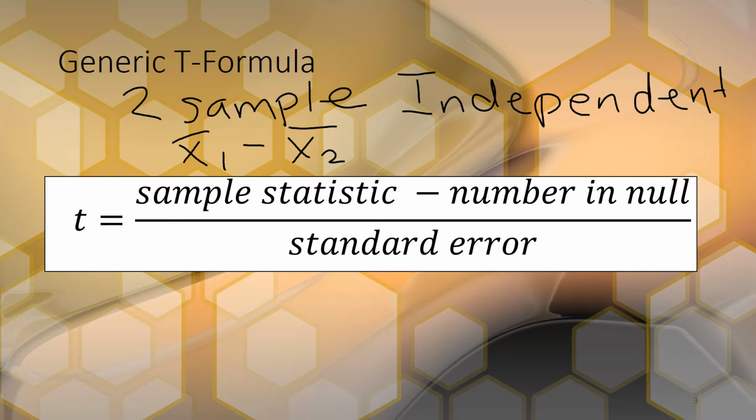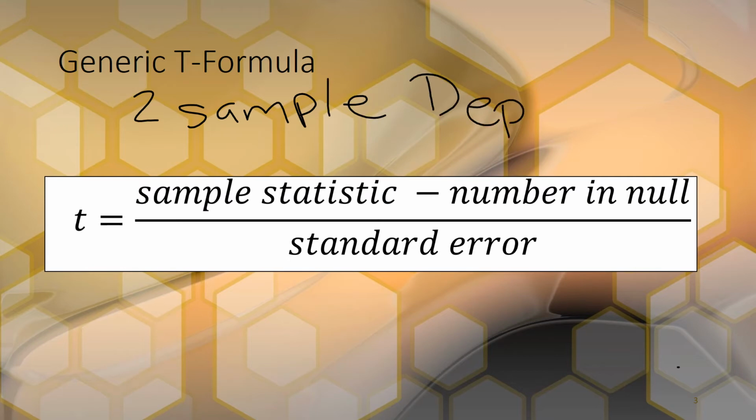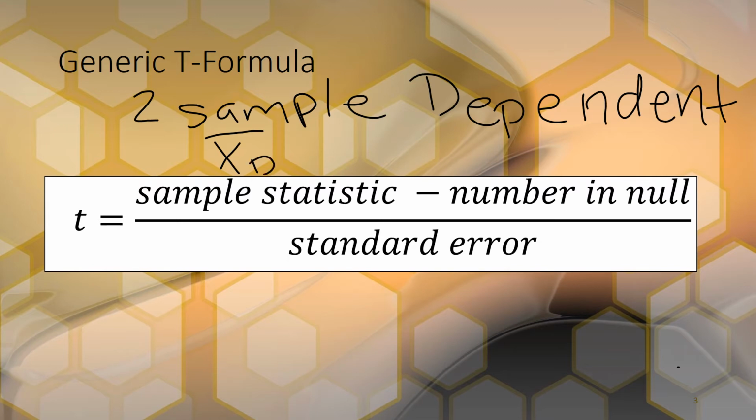All right, and then for a 2 sample dependent, it's going to look really similar to the 1 sample, but instead of it just being the raw scores, it's going to be difference scores.